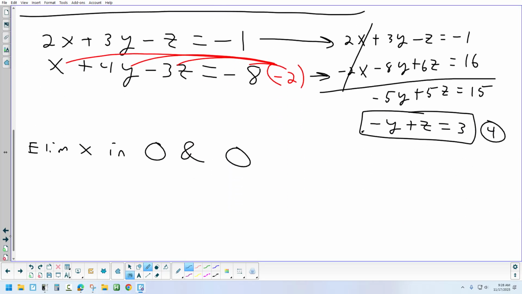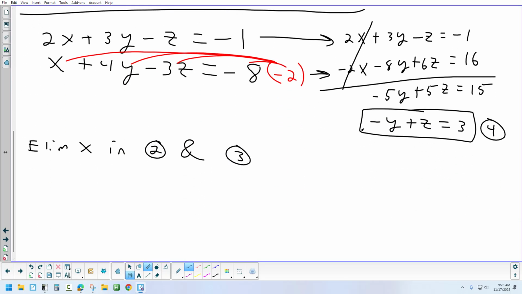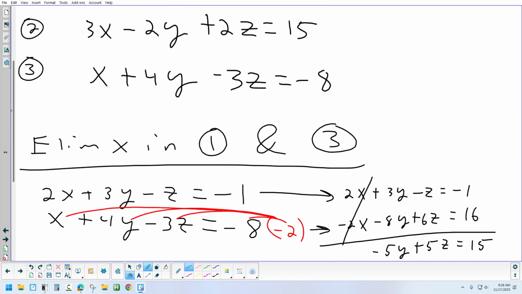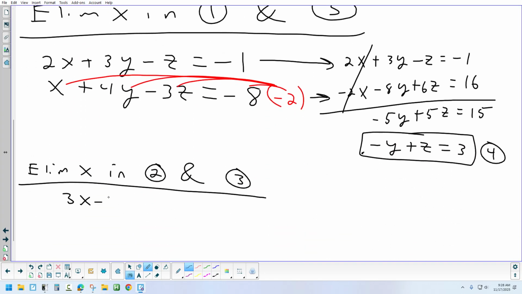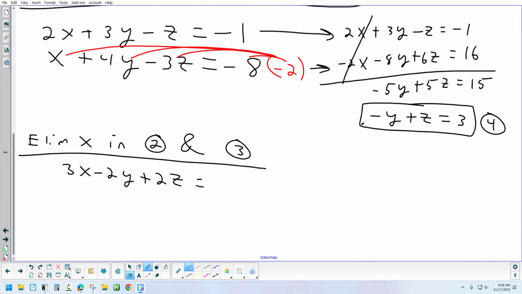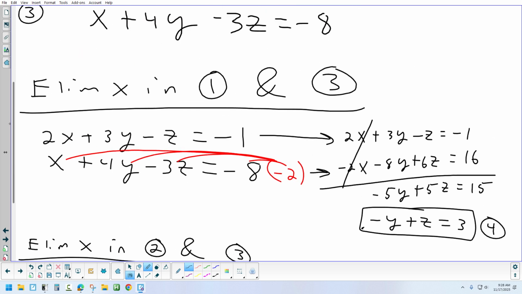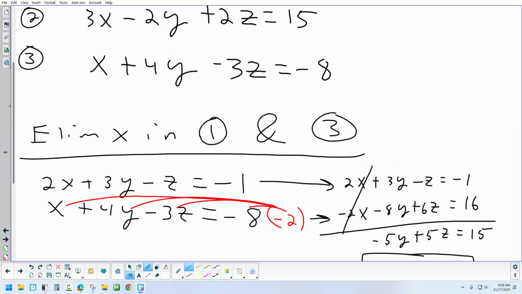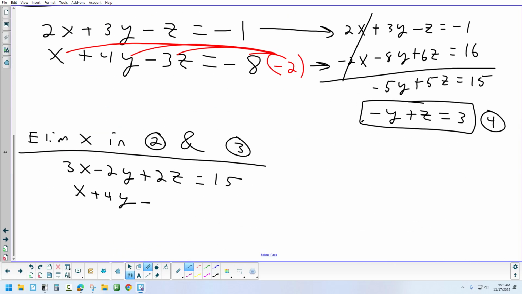Okay, so let's do 2 and 3. So I'm going to copy those down. So 3x minus 2y plus 2z equals 15. And equation 3, x plus 4y minus 3z equals negative 8.